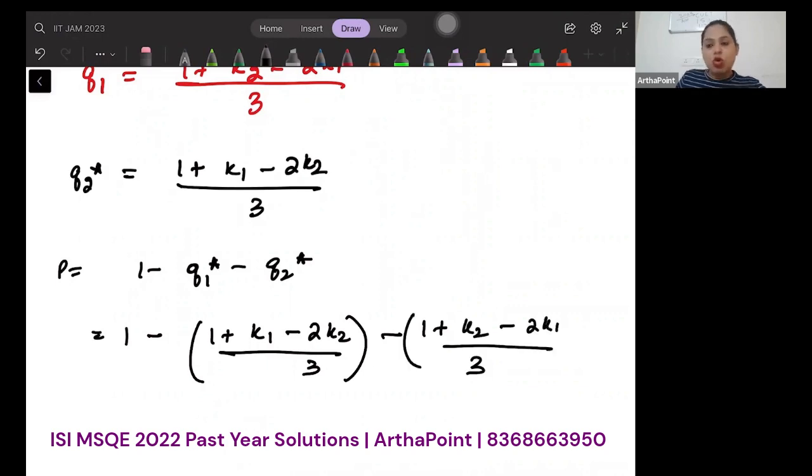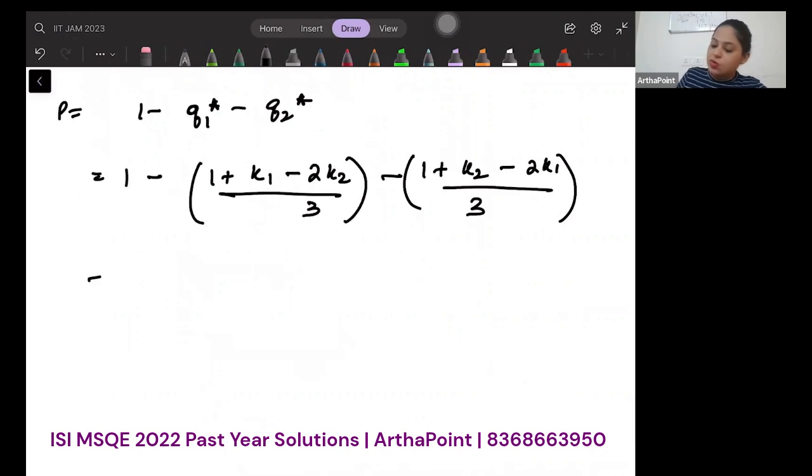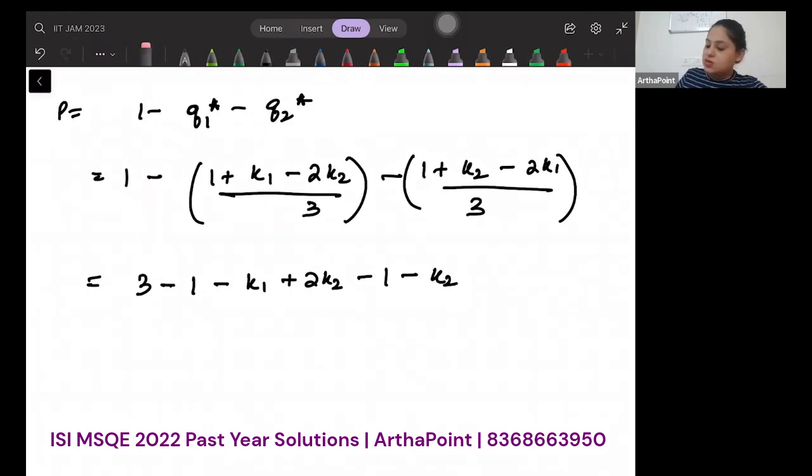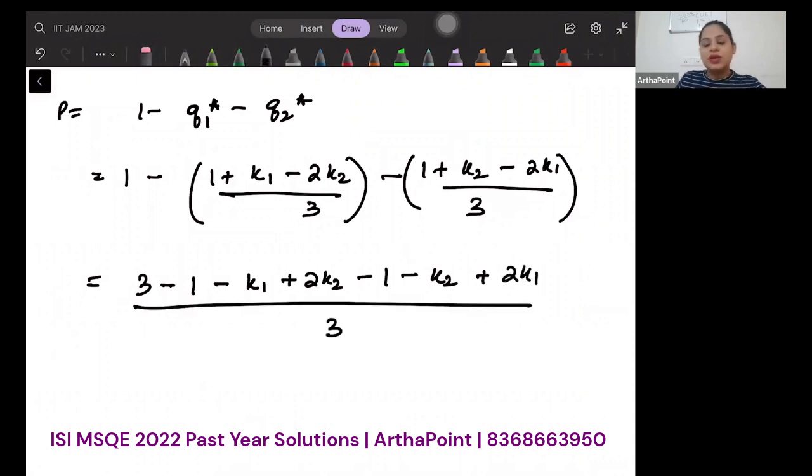If I were to solve the price, this will come down to 3 minus 1 minus K2 plus 2K1 minus 1 minus K1 plus 2K2, all by 3, right? This is what the price is going to be.